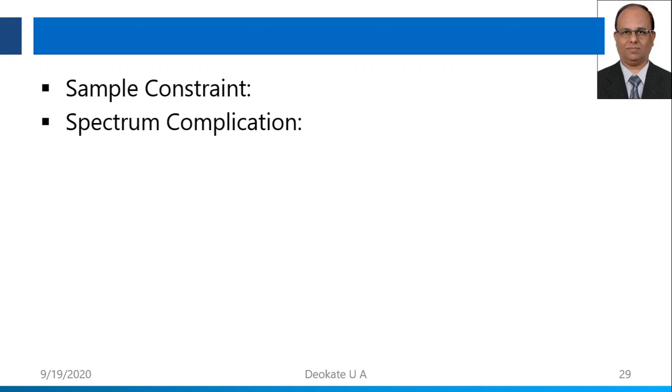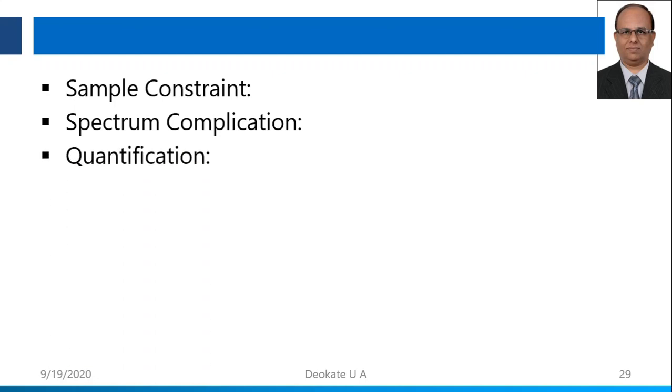Okay, so by just using one spectroscopy, you cannot detect the structure of any compound. So we have to combine all spectroscopic techniques together to come to the conclusion of the structure. We have to combine mass spectroscopy and NMR spectroscopy to know the structure of a compound.